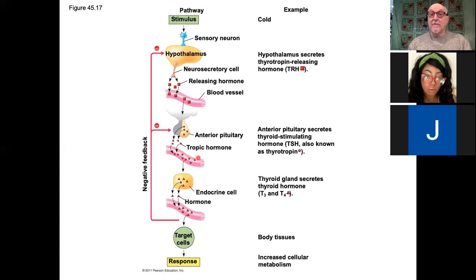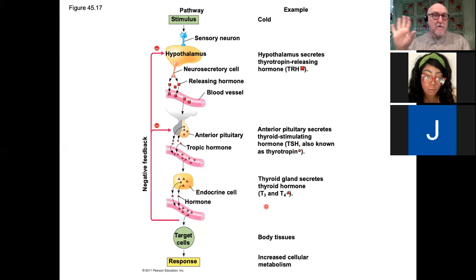So this thyroid stimulating hormone circulates throughout the body, but it has its effect on the tissues of the thyroid, and it causes the tissues of the thyroid to release two kinds of hormone.